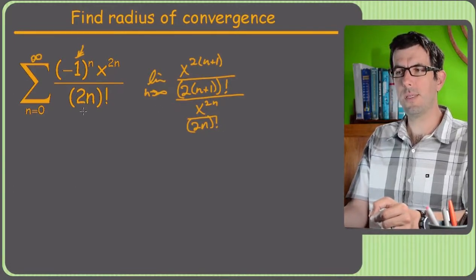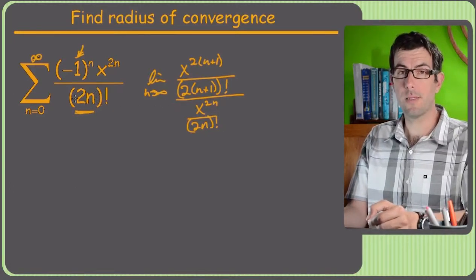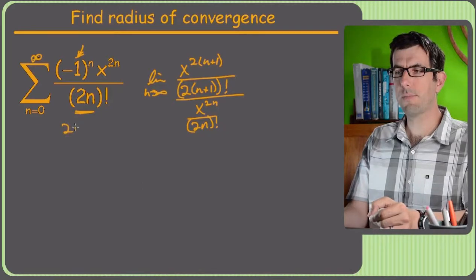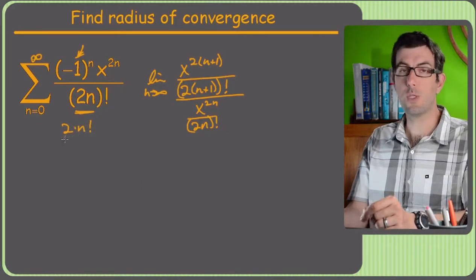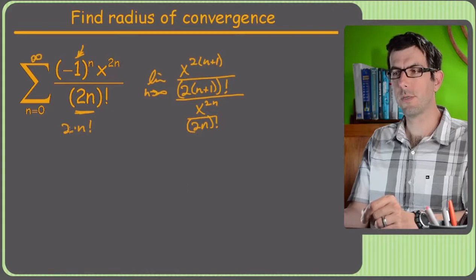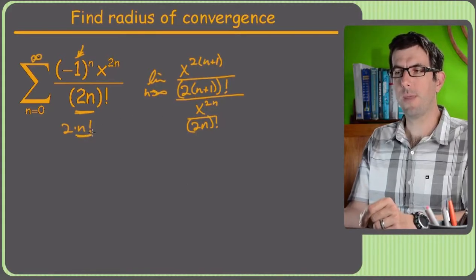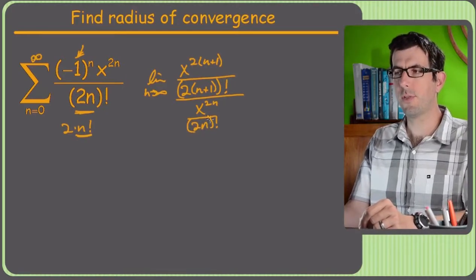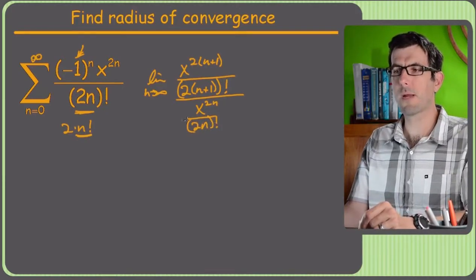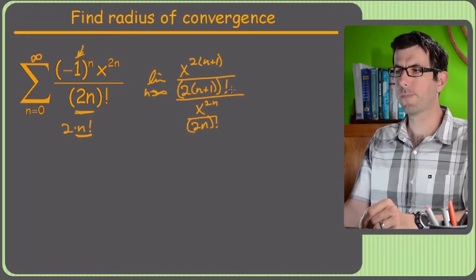And you kind of need to put the 2n in parentheses because 2 times n factorial is very different than 2n factorial. So two different things. In this one you would take n factorial and then multiply by 2. But in this one you're starting at twice as high a number. So 2n in parentheses factorial is way bigger than 2 times n factorial.